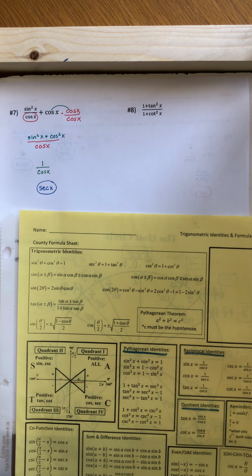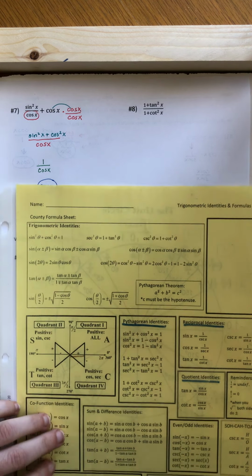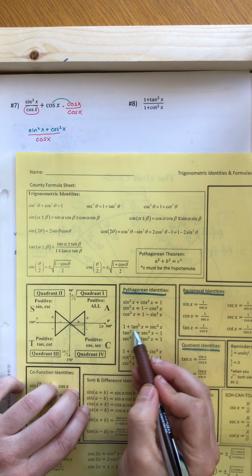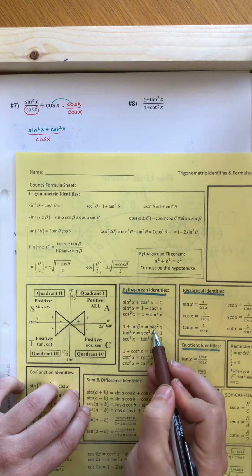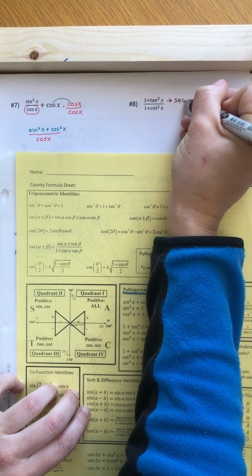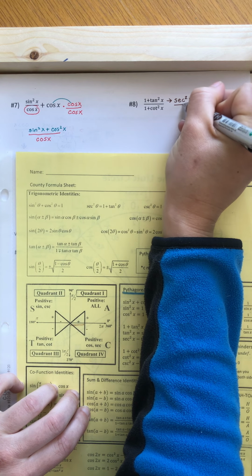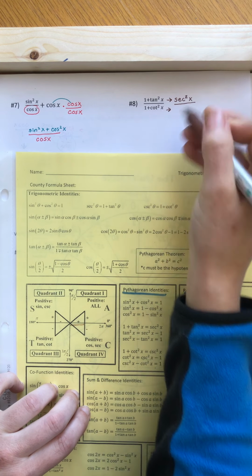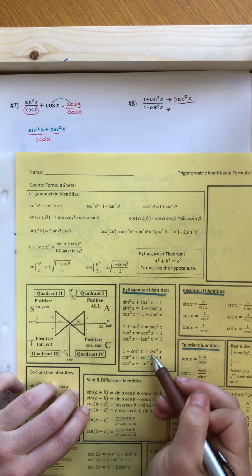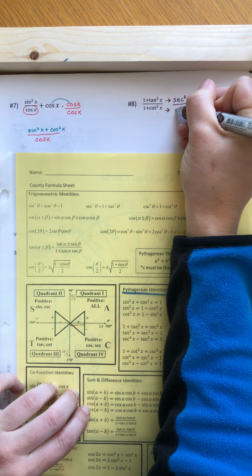Now for number 8, 1 plus tangent squared x is a Pythagorean identity. You would change the 1 plus tangent squared x to become secant squared x. And then the 1 plus cotangent squared x is cosecant squared x.